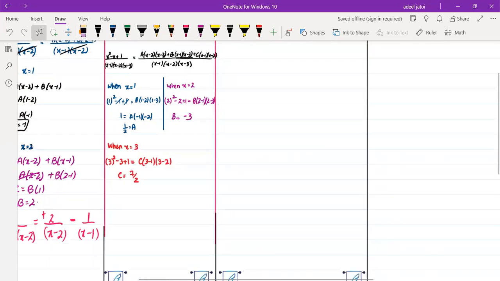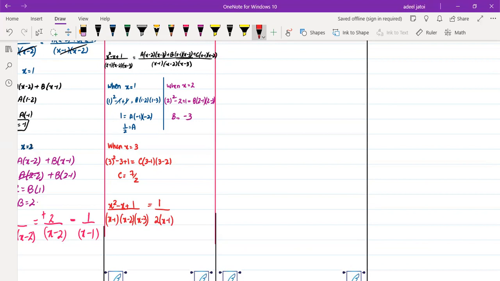So when we write down in the bracket manner, this can be written as x square minus x plus 1, and the brackets are x minus 1, the other is x minus 2, and the third one is x minus 3. It can be written as 1 upon 2 times x minus 1, whereas minus 3 upon x minus 2, and the last one will be 7 upon 2 times x minus 3.